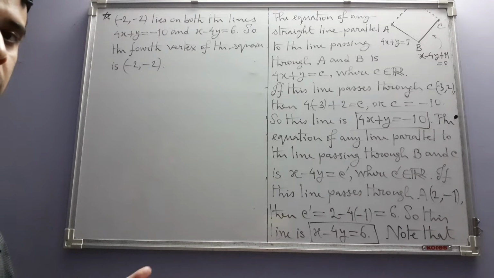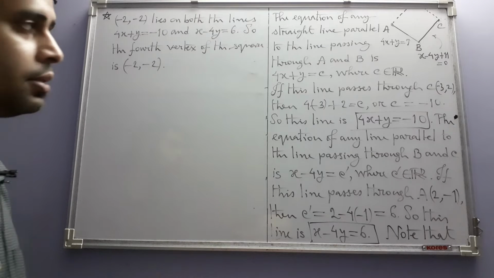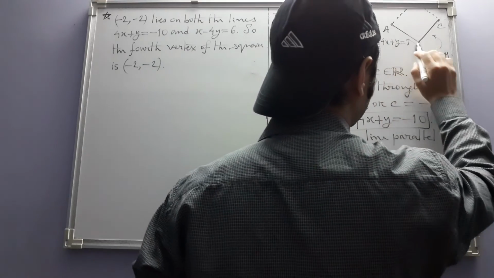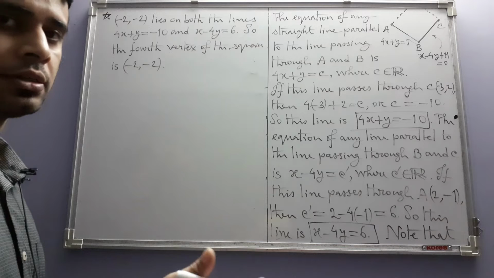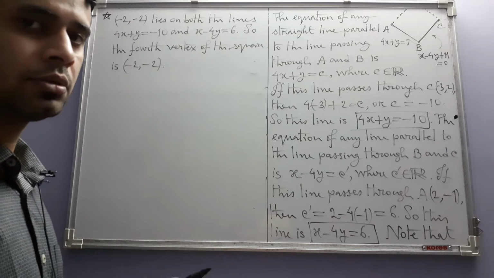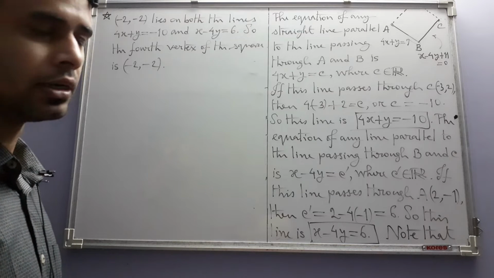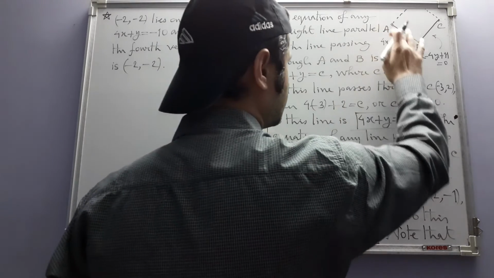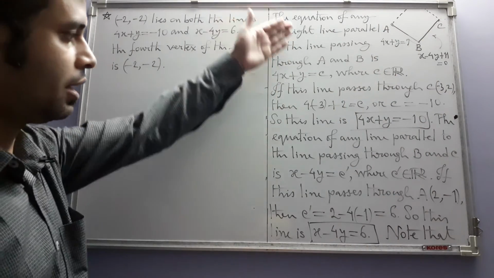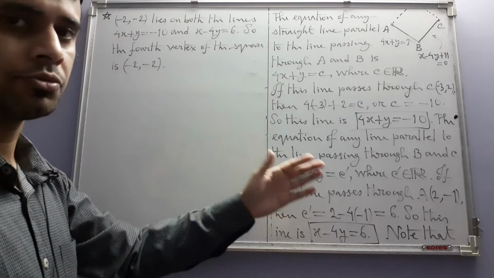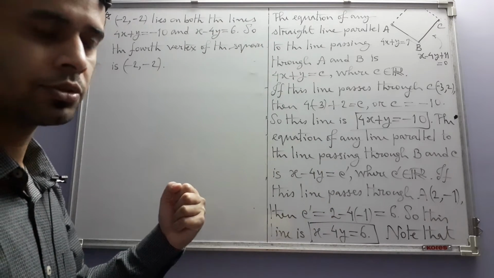So these two pieces of information tell us that these 3 points, A, B and C, must be the 3 vertices of a square, like this. So then after that we are doing all these calculations to find the coordinates of the fourth vertex.